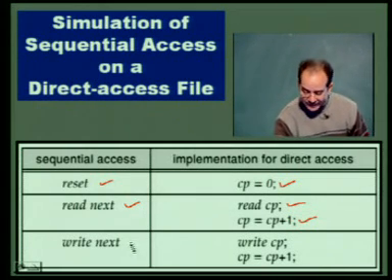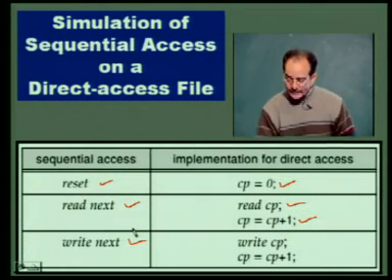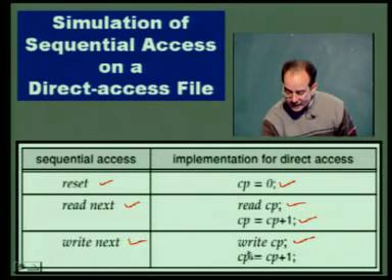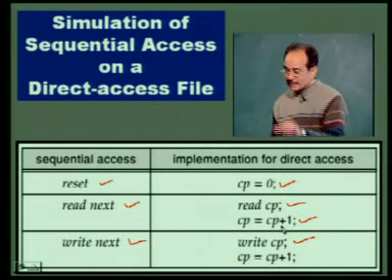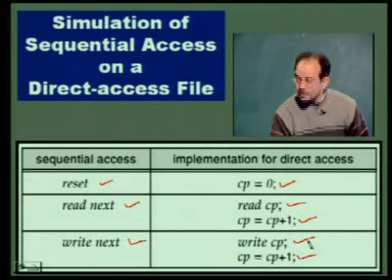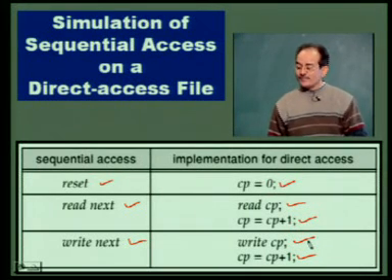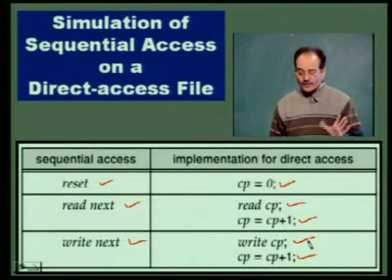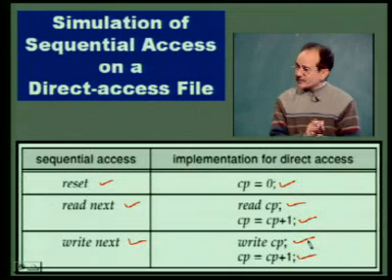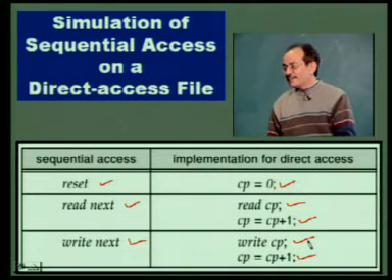Or I say write next, I write to this particular pointer and then add 1 to the pointer. So this CP is nothing but your file pointer. This is how I can simulate sequential access on direct access.